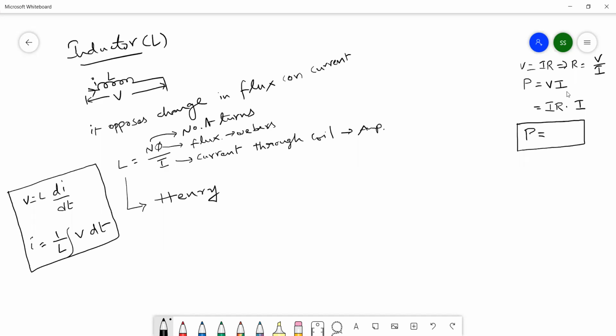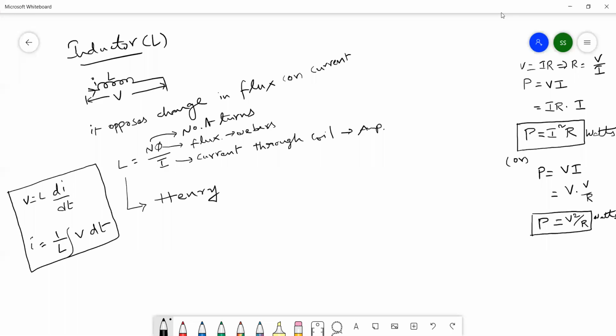I square R. In some textbooks they will also mention P equals V into I, and in the place of I they will substitute Ohm's law, that is V by R. So the formula for power in terms of resistance is V square by R. Your units are watts for both.